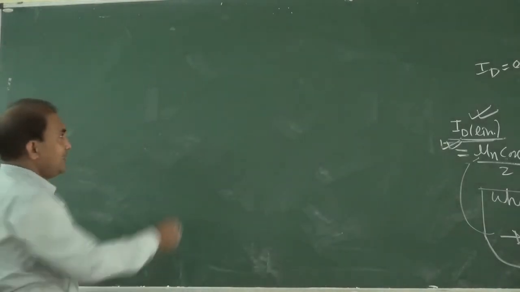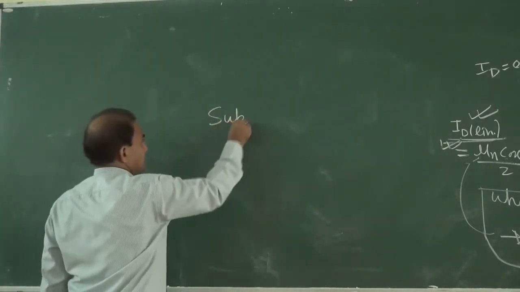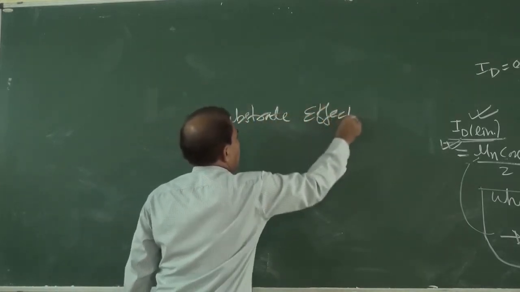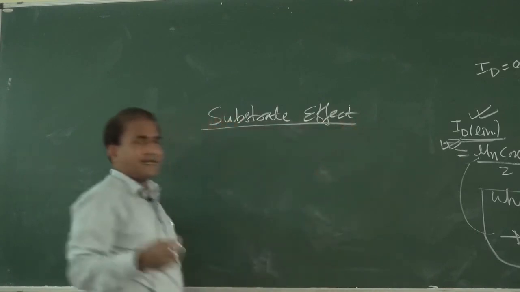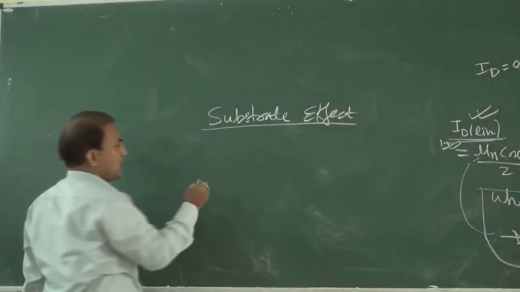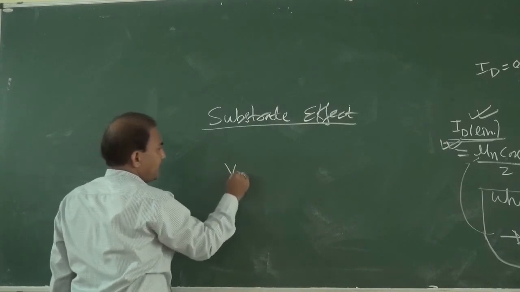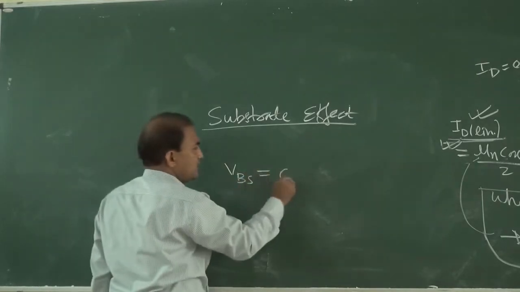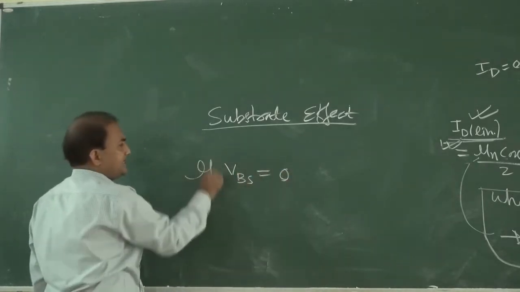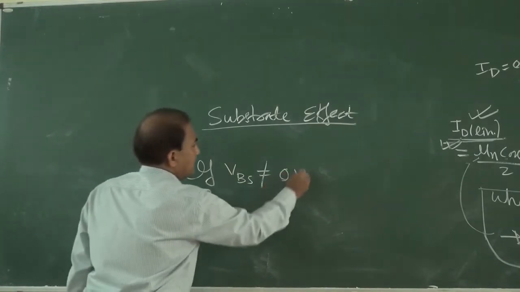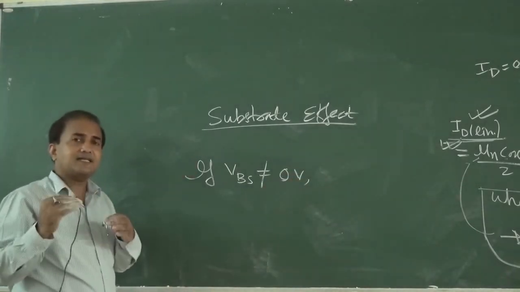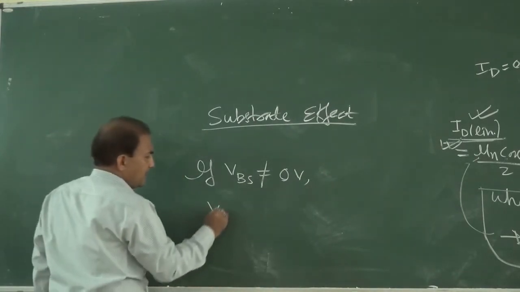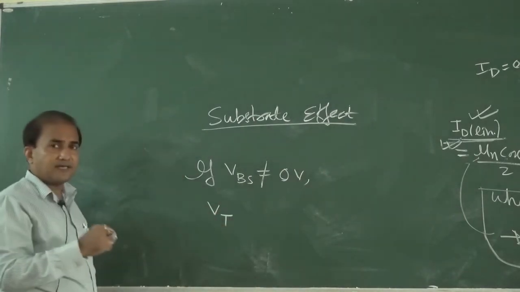Then we will see about the substrate effect. How does it occur? In all the cases, we are assuming VBS is equal to 0. Now, if VBS is not equal to 0 volt, that is, if we are giving some external voltage to the body terminal, then there will be variation in the threshold voltage of the device.